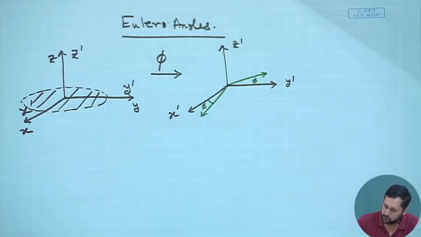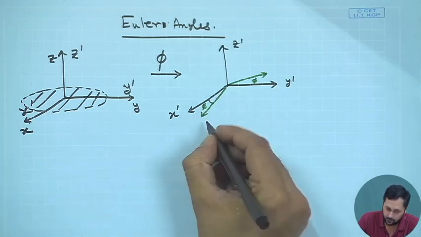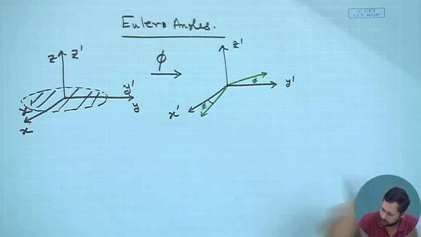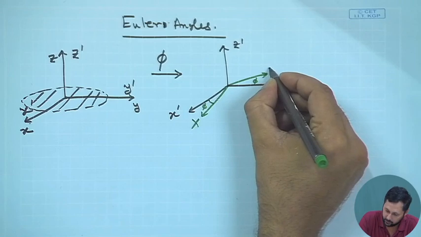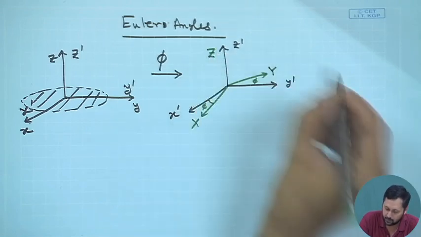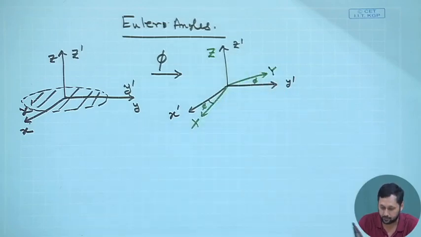Now, we will call this set of axis, just a nomenclature, capital X, capital Y and capital Z.